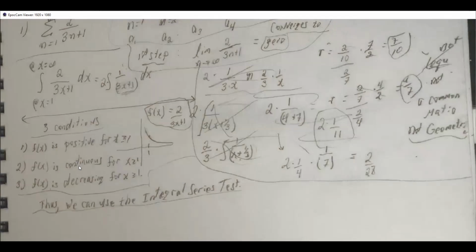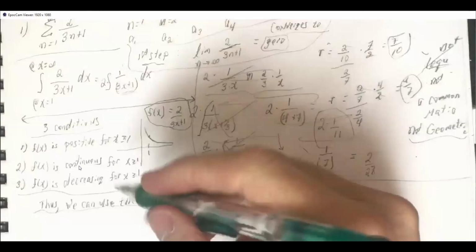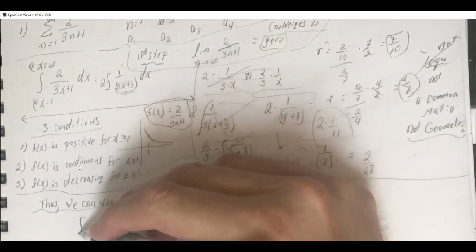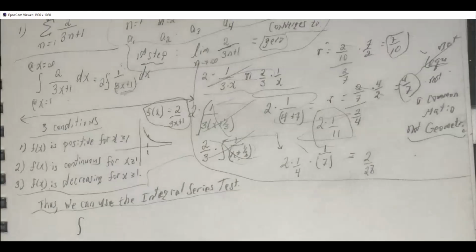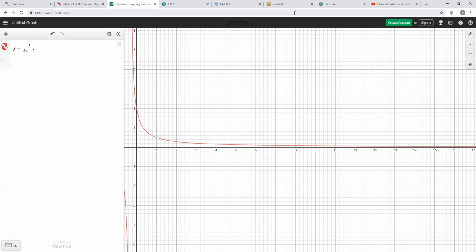Since we can proceed, now we want to analyze what the understanding of the integral series test is if those three conditions have been satisfied. These are the little mappings at 1, at 2, at 3.